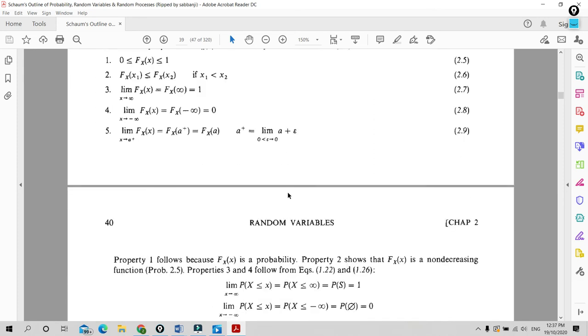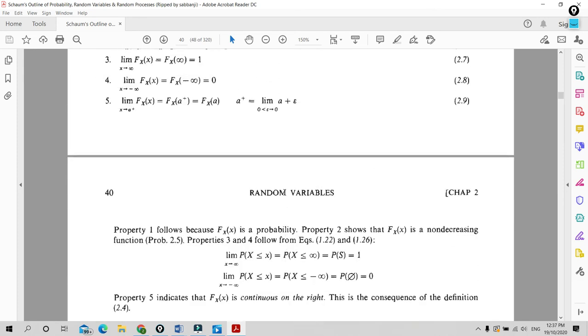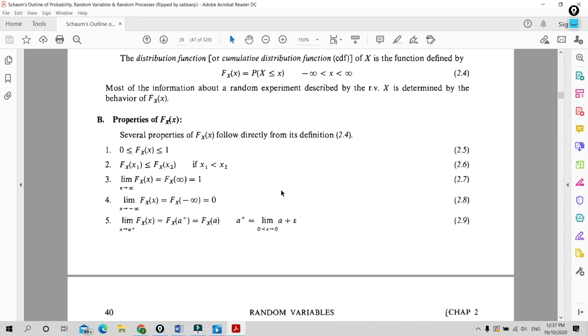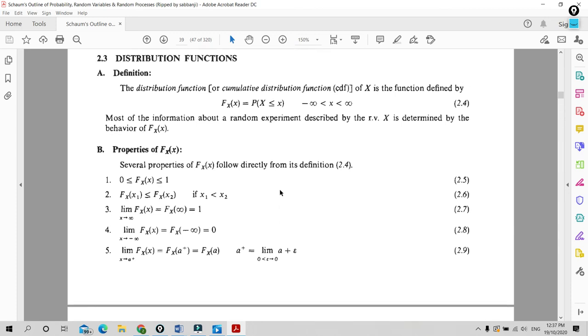So you can refer to this part. The first one is the properties of a distribution function. F(x) is between 0 and 1. For x1 less than or equal to x2, F(x1) must be less than or equal to F(x2).